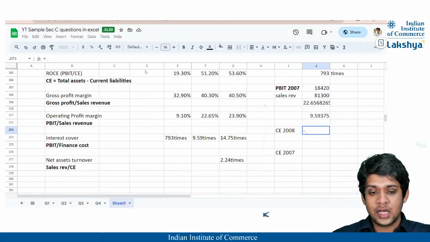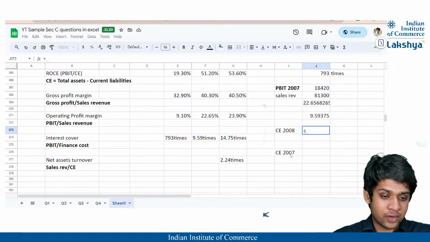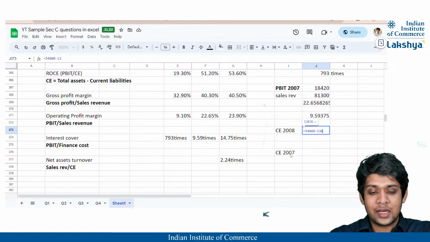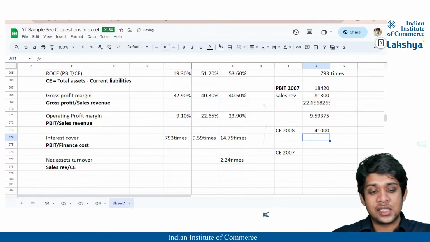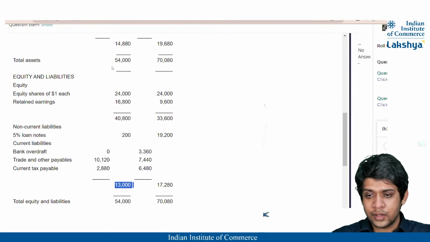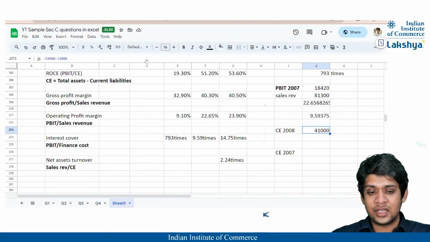Always remember the assets of the operation which is sold off is not reduced from 2008 because it was sold off in 2007. Okay, so don't get confused with that part. 54,000 minus 13,000, that is 41,000, right? So 41,000 is the capital employed for 2008.